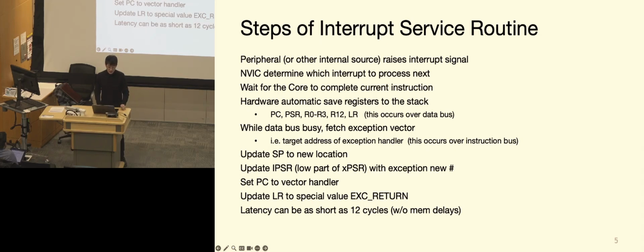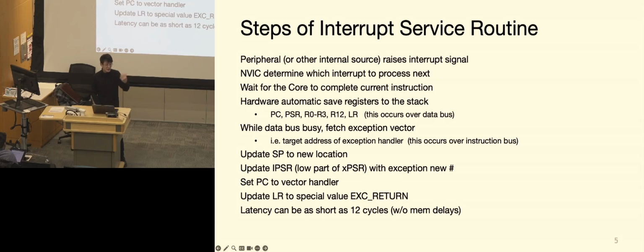And also the link register, in case the function is currently inside multiple layers, or at least more than one layer, of function calls, so that it knows exactly where to go back to. Those things will be saved, and then we go to the new location, the handler function, and set the PC to that vector and update it.